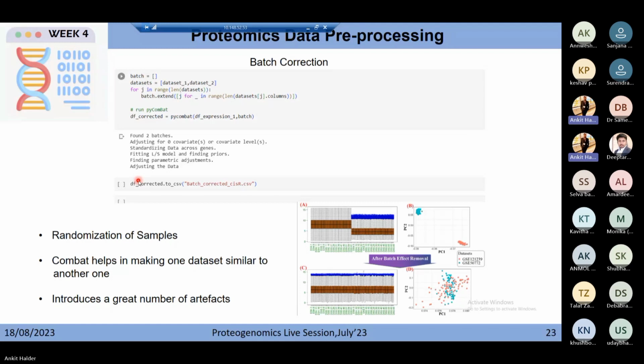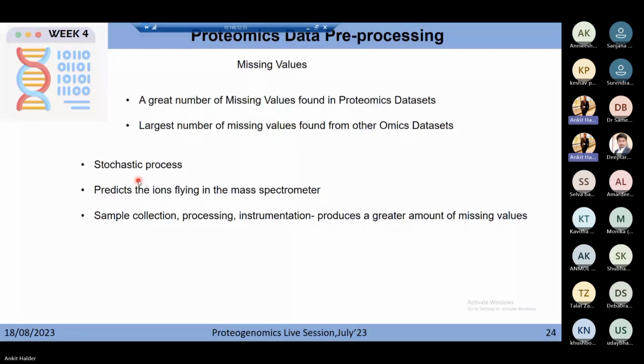Okay, so now another thing: I will again refer to your fragmentation pattern. Your fragmentation can be different at different times due to different factors, as I already mentioned.